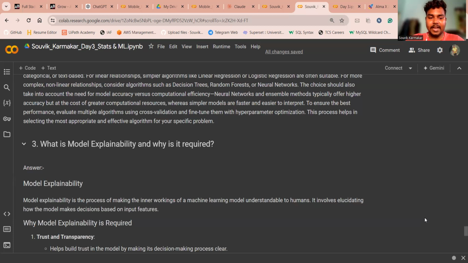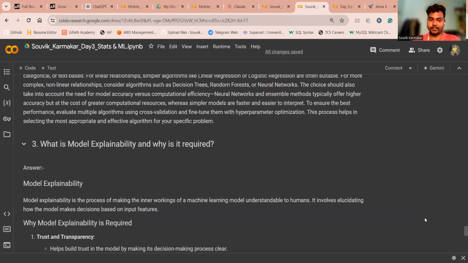The answer is in the question only. Model explainability is a process to tell humans how the inner working is going on. It involves explaining how the model makes a decision based on the input features.